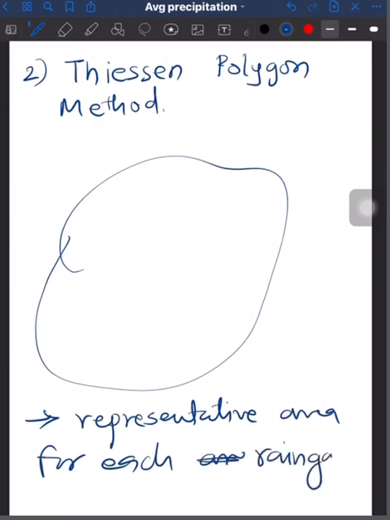We have rain gauges situated at various locations. Basically we join all the available rain gauge stations by a triangulation technique. When all the available rain gauge stations in an area are joined, they form triangular figures.